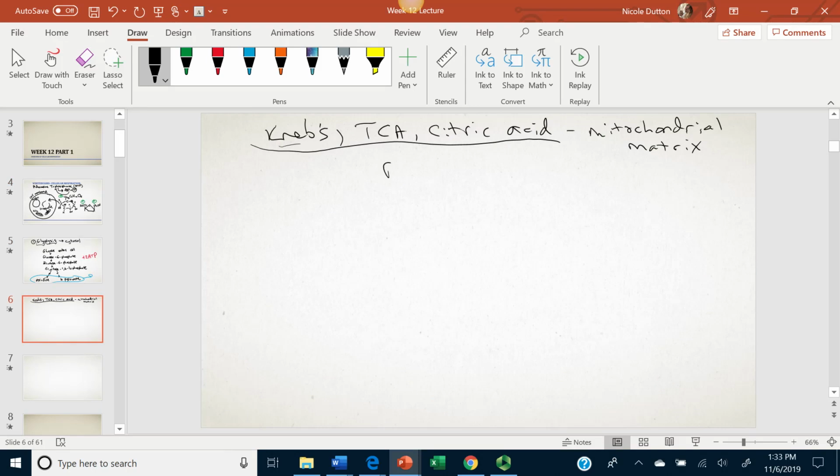When the pyruvate get in there, they are going to be converted by pyruvate dehydrogenase, this large 3-complex enzyme, to acetyl, which is going to be carried by a coenzyme A. So we call this combined acetyl-CoA.